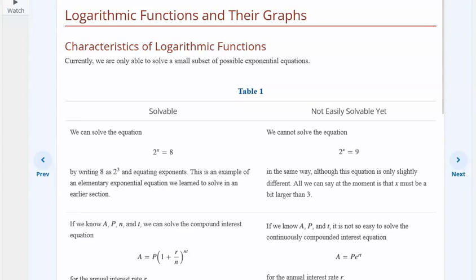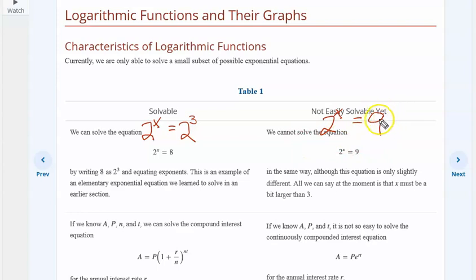We'll eliminate that for now, go back to our regular screen and follow the protocol that's given here. So we can solve this by using that technique of 2 to the x power equals, getting the 8 into some base of 2, which is 2 to the third. If our bases equal each other, then the exponents equal each other. So here x is 3. Now, when you get to this one, we have 2 to the x power equals 9.